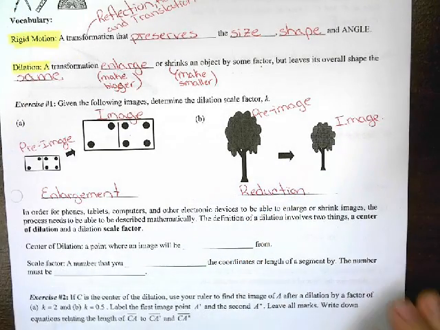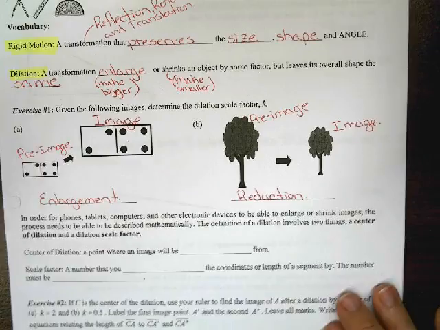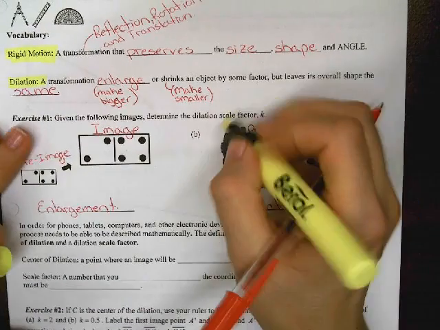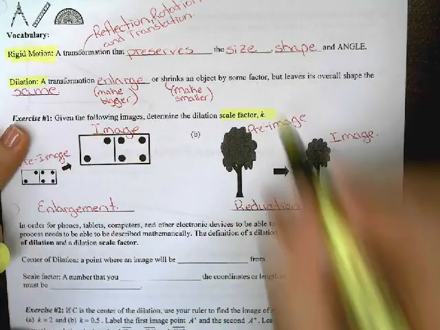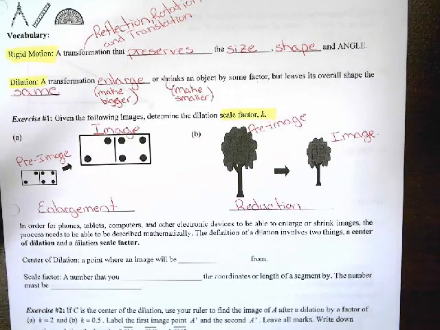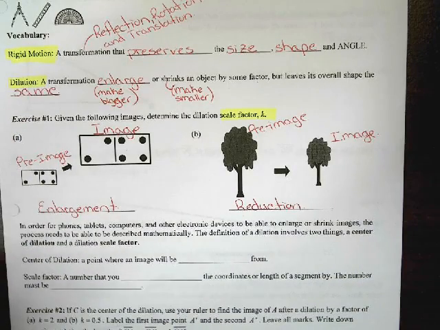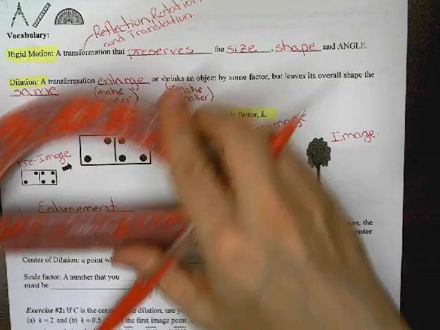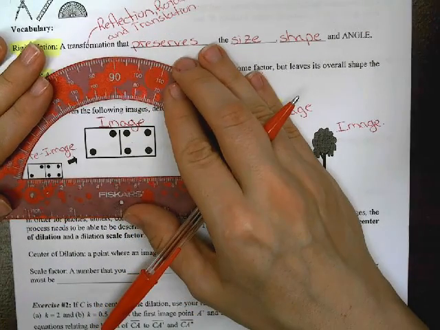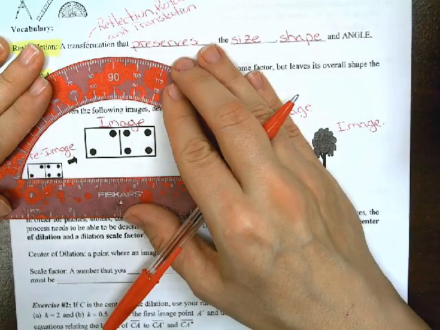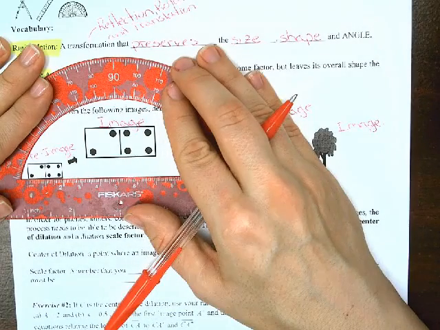Now we're introducing a new letter, the idea of scale factor, which is the letter K. So that means the image is going to get bigger or smaller by something. Okay. So for example, if I measure the pre-image here, we can see that's just about 2 centimeters.